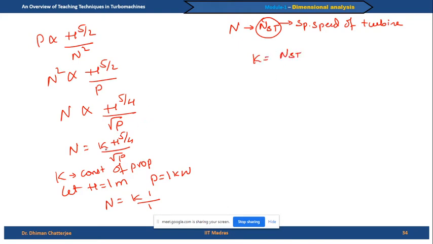Now resubstituting it back in this equation, that becomes n equal to NST H raised to 5 by 4 by root P. Now what is the NST formula then? NST equal to n root P by H raised to 5 by 4.